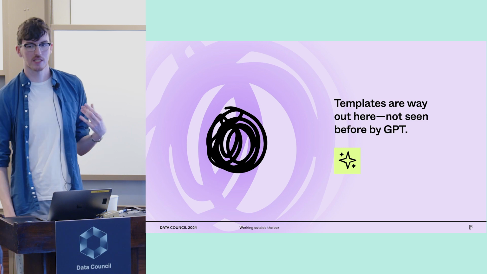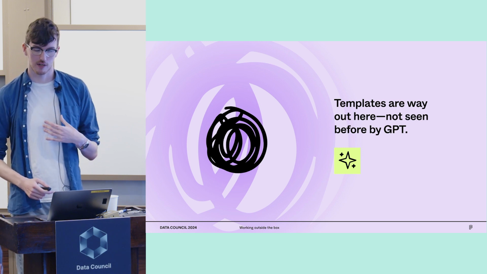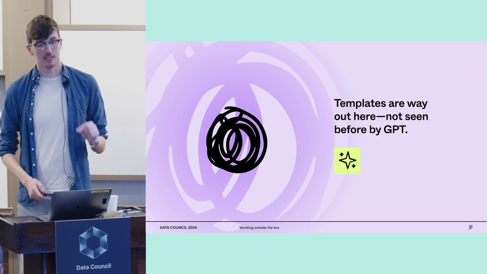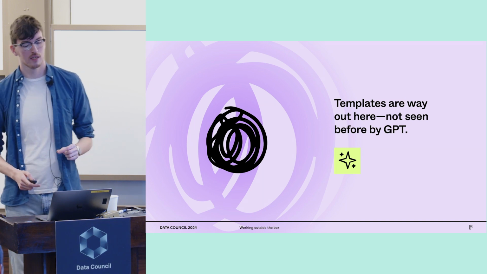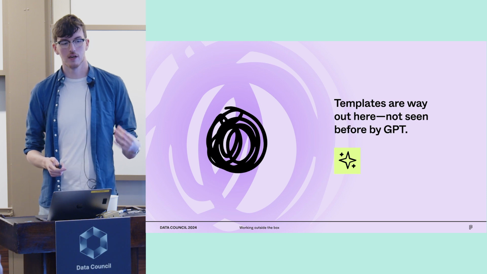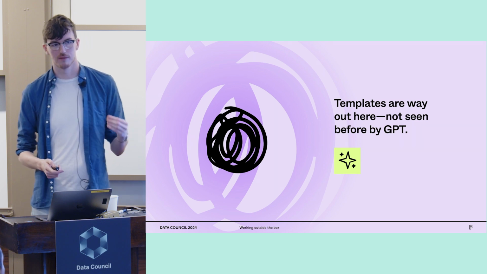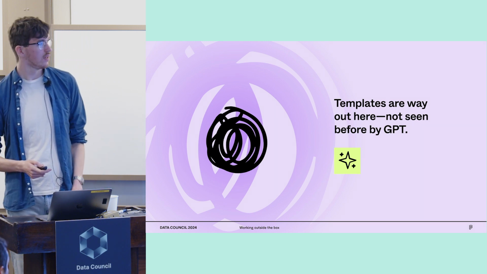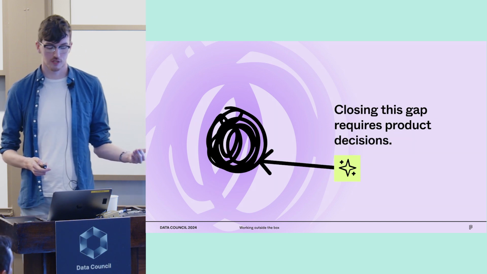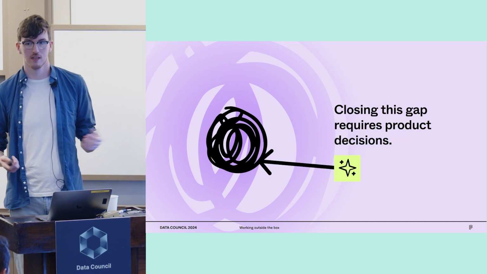However, your domain-specific problem, as was ours, might be a little further out from this ball. GPT knows what FigJam is, but it has never seen a FigJam template before. It does not know what leads to the most productive experience in FigJam. And so we have to find ways of closing this gap, which is through product decisions.